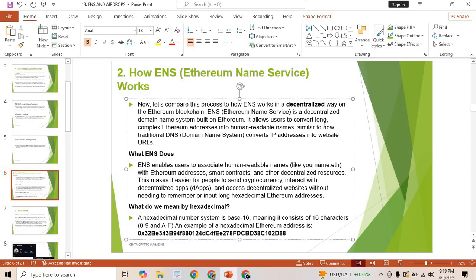It allows users to convert long, complex Ethereum addresses. For example, if I want to send you Ethereum, I'll ask you for your Ethereum address, and to be more specific, I might ask for the specific network. For example, an Ethereum address on the BEP20 network or on the TRC network, depending on what network we'll use, and that address will be in this format.